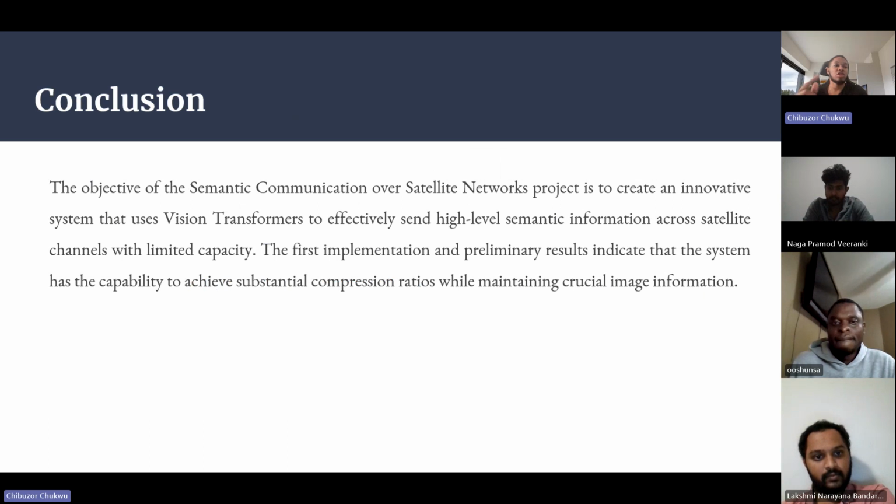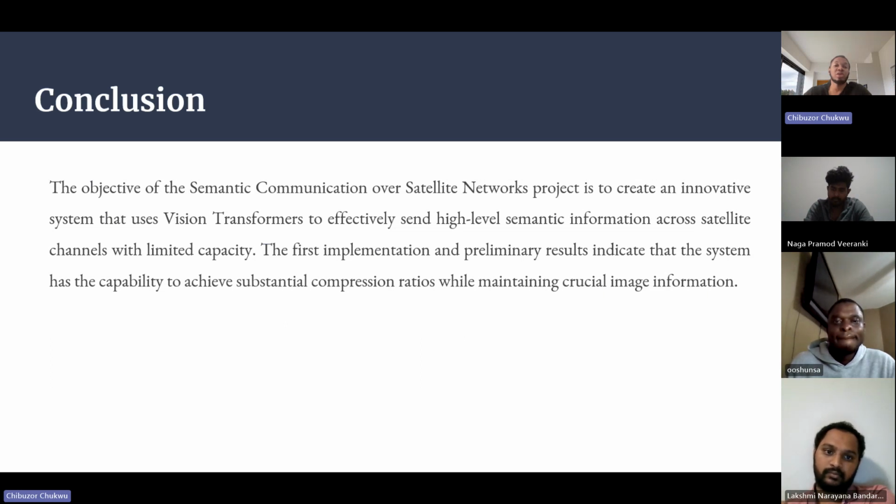Basically, when we use a semantic ViT, what we're trying to say is that this code can help to preserve image quality and transform it, making the quality look better. To conclude, our objective was to create an innovative system that uses a vision transformer to effectively send high-level semantic information with limited capacity.